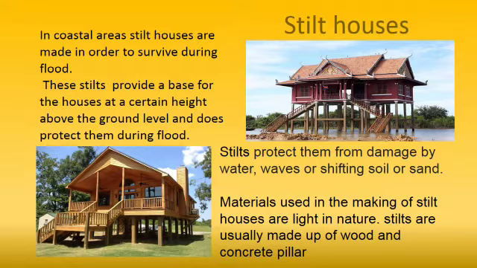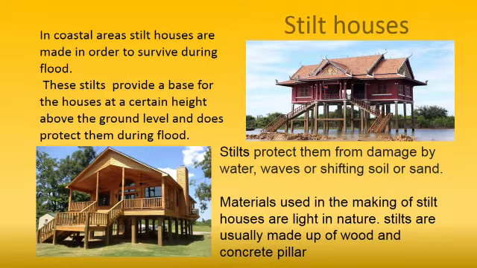Stilt houses are usually constructed above the water, but they may also be built on sand or dry land. They protect the house from damage by water or even by shifting of soil or sand due to the flow of water.